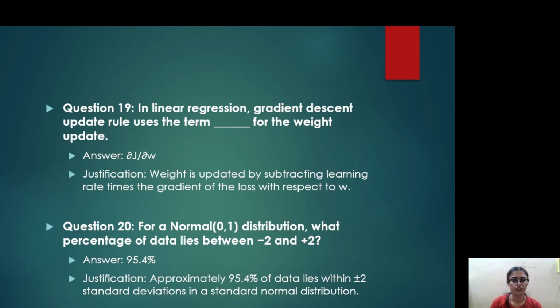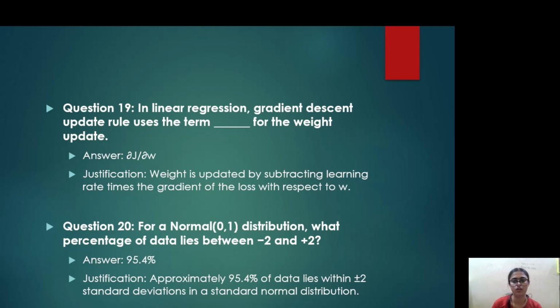So the next question is, for a normal 0, 1 distribution, what percentage of data lies between -2 and +2? For these questions, we will be working with the standard normal distribution, which has mean 0, standard deviation 1. So we know the 68, 95, 99.7 rule.